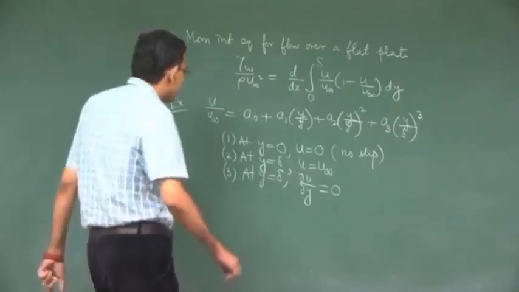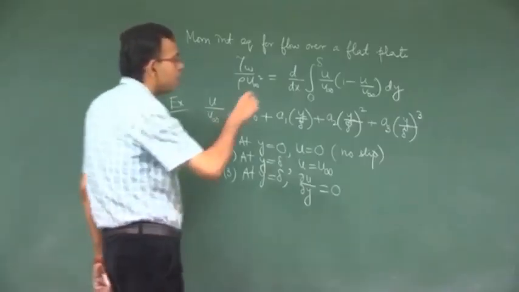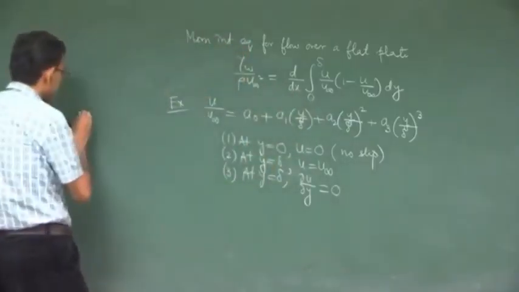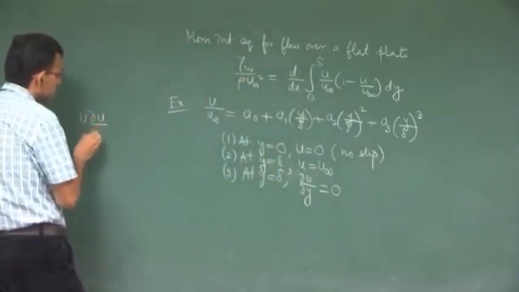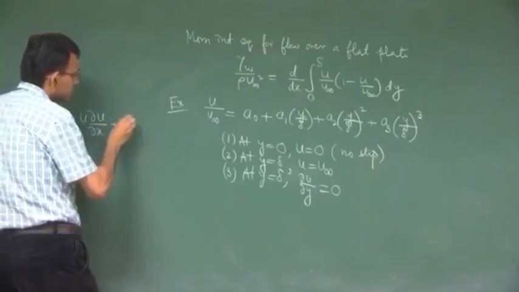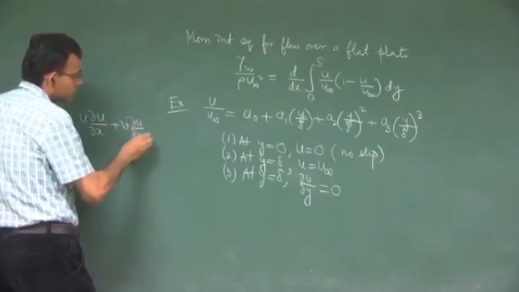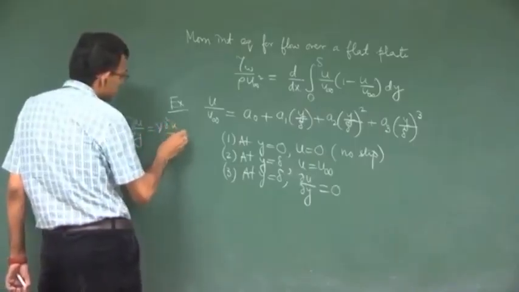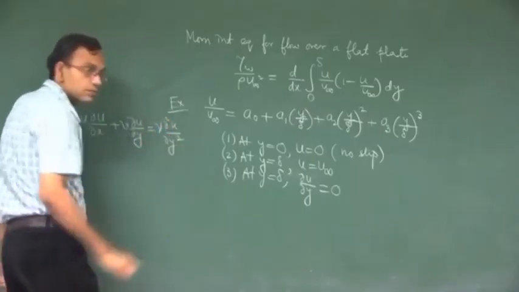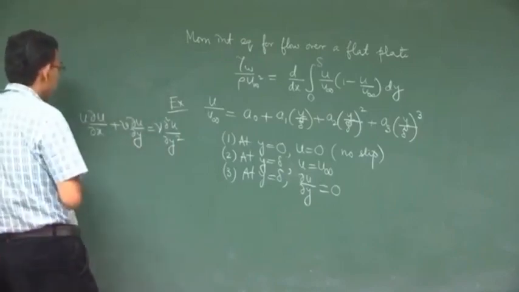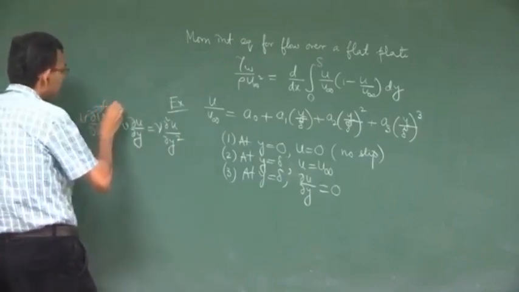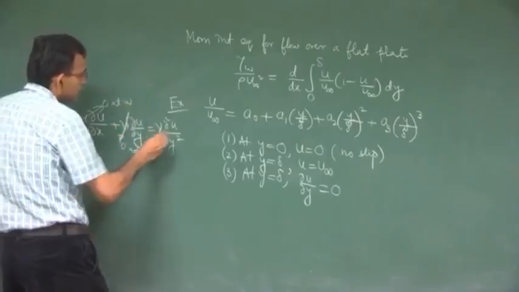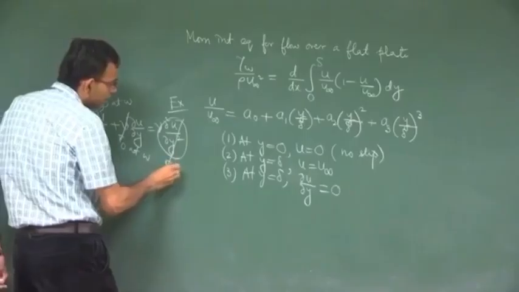So for getting the fourth one, we should appeal to the boundary layer equation at the wall. So at the wall, u is 0 at wall, v is 0 at wall, therefore this must be 0 at wall.